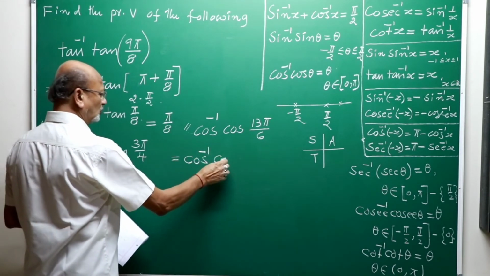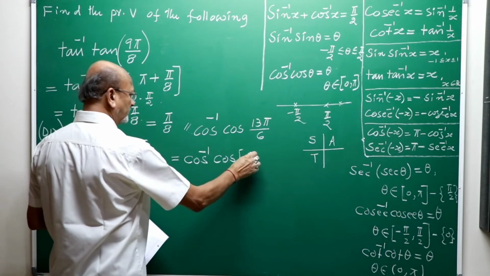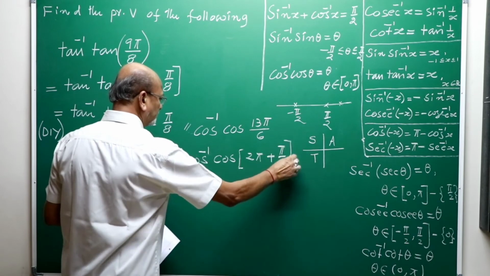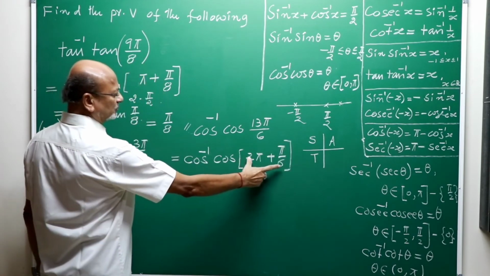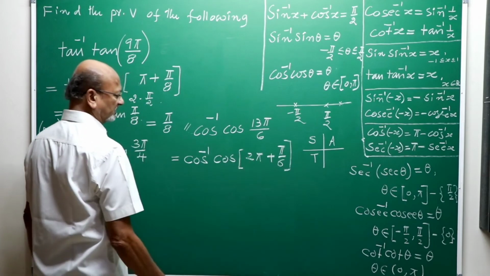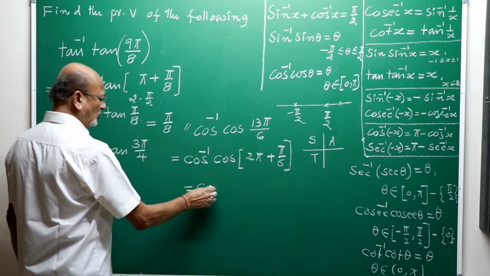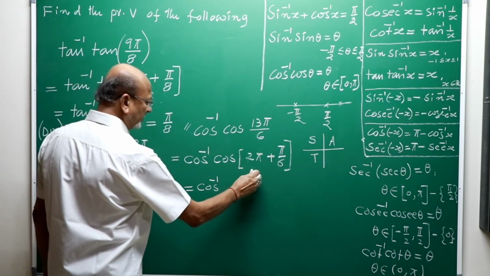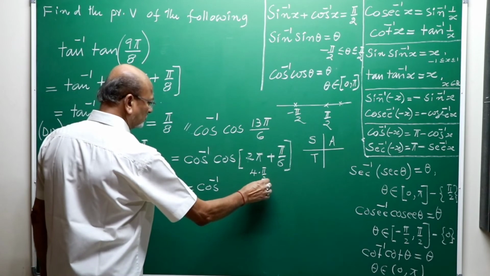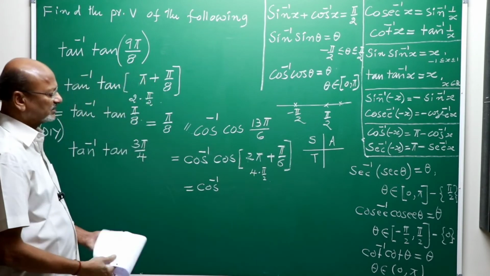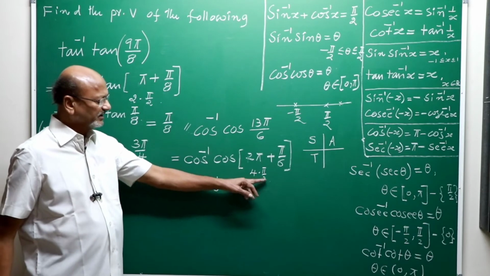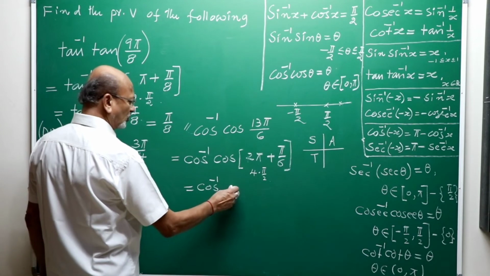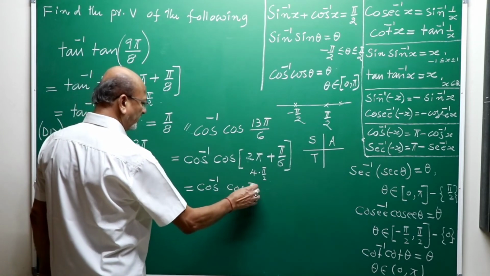Cos inverse of cos. This can be written as 2 pi plus pi by 6: 12 plus 1 is 13. The 2 pi can be written as 4 into pi by 2, an even multiple of 90, so no change: cos pi by 6.